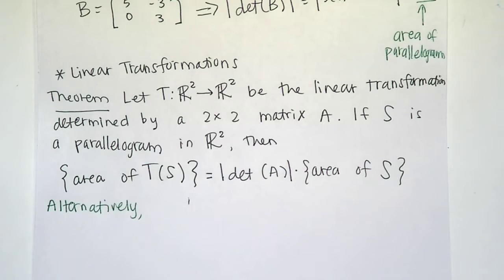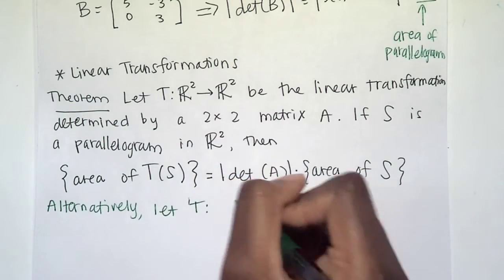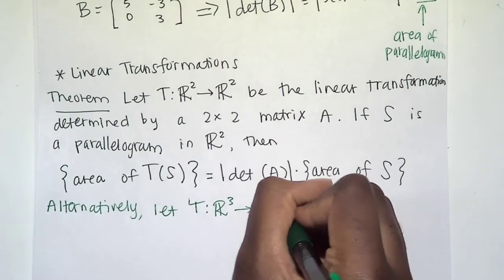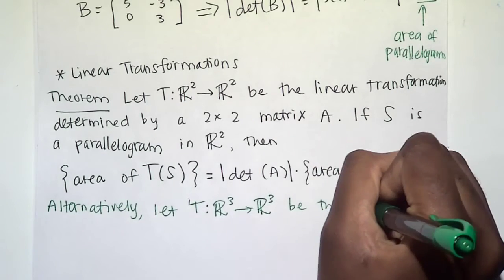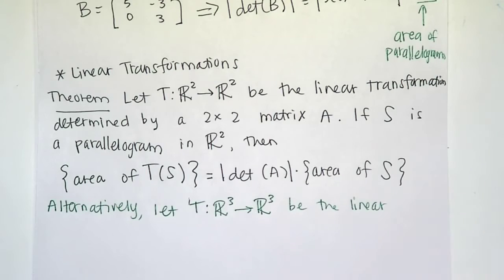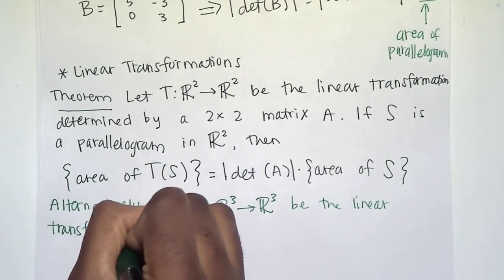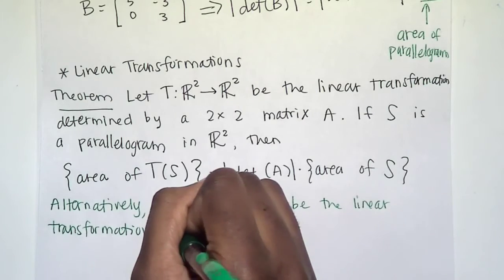Alternatively, we are going to let T from R3 to R3 be the linear transformation determined by a 3 by 3 matrix.